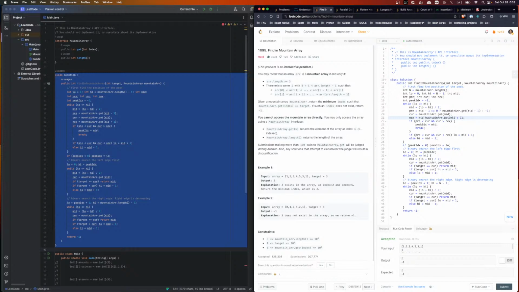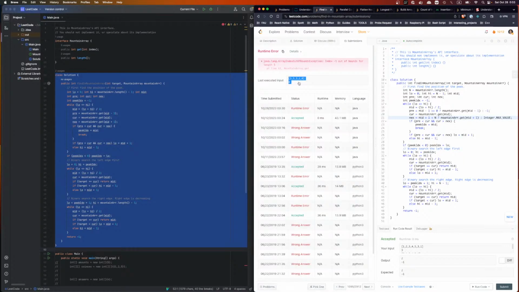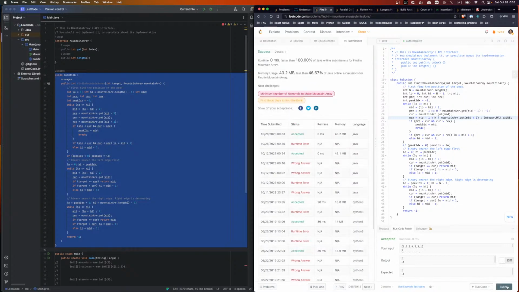This is mid plus 1 is smaller than n. Otherwise, integer max value. Now that, my friend, shall work. Yep, that works. All right, it's much easier.